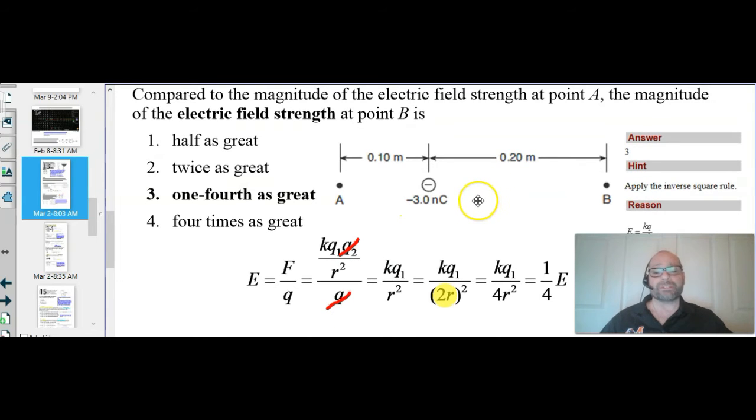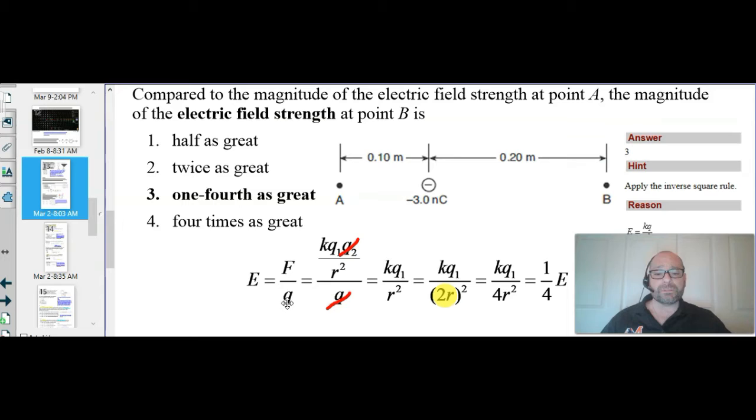So in general, here's the derivation. From the reference table, we know that E is F per Q. So the force per unit charge, that's what defines an electric field, and that is a type of acceleration. So a source charge's force is kQ Q2 over R squared. That is the strength of the force anywhere around in the field around that source.